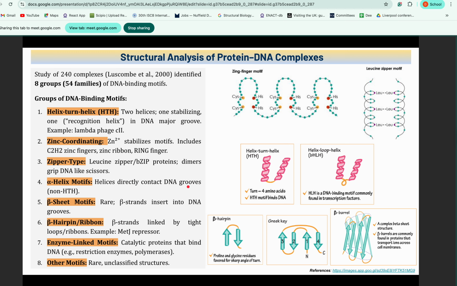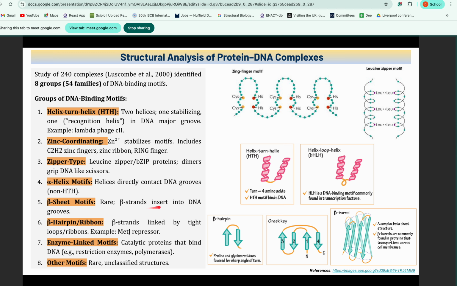They directly contact the DNA grooves, and in this case, these are not helix turn helix. For example, helix loop helix is an alpha helix motif in which there is no turn, but there is a loop, and different helices are joined to one another, and these helices directly contact the DNA grooves.